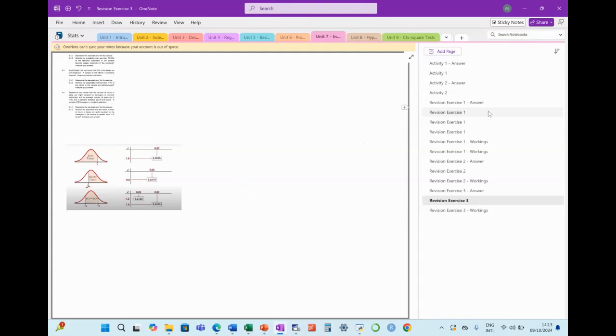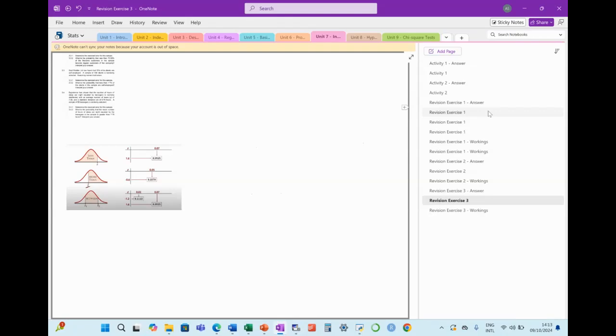Revision exercise 1 focuses on population, so you'll be calculating SE based on population and your Z-score based on population. Revision exercise 2 focuses on mean, so you're looking at the mean of the population and the mean of the sample. You're calculating SE based on mean, and then your Z-score based off of the mean.